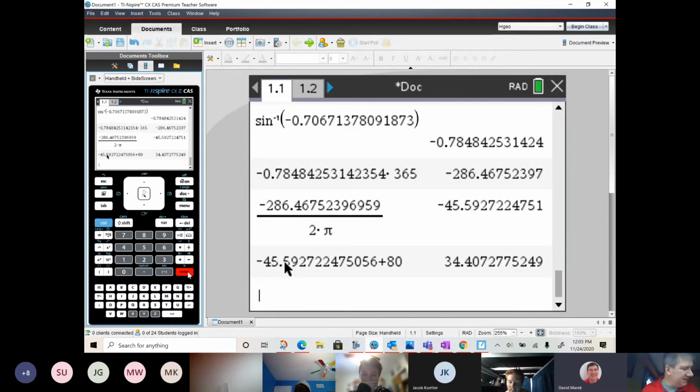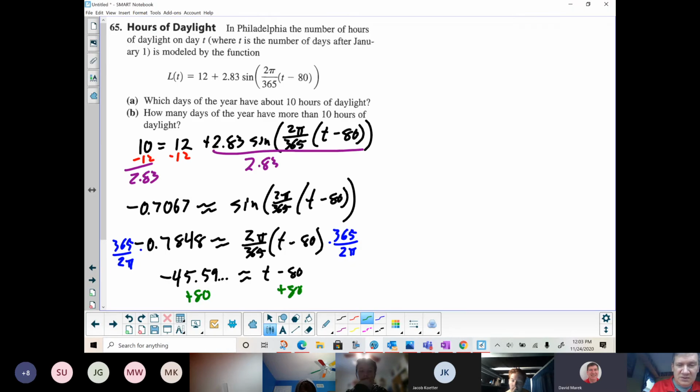So I'm disagreeing slightly with the answer key in your book. I'm saying this happens when t is equal to 35, the 35th day of the year, which turns out to be February the 4th.